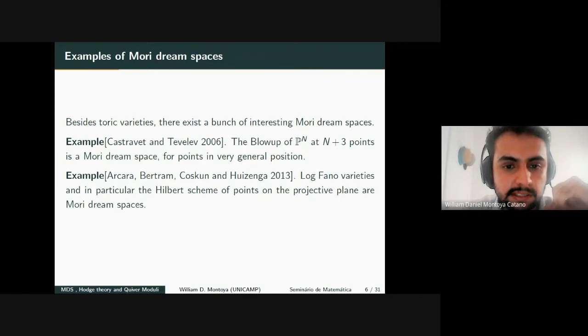I'm not going to enter into that, but very interesting, the Hilbert scheme of points, which people in algebraic geometry will know what I'm talking about, is also a Mori dream space.